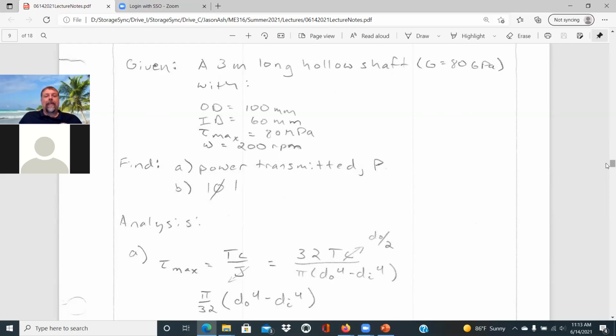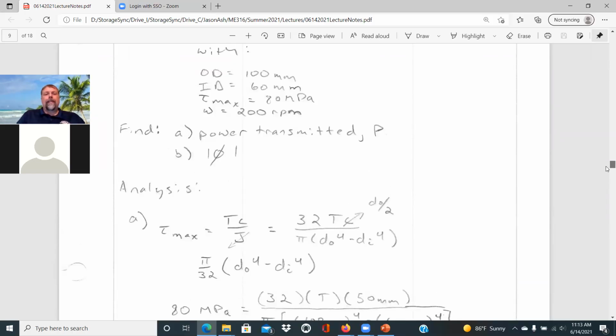And the shaft is spinning at 200 revolutions per minute. That's a common thing with angular velocity, even though we want to know that in radians per second. Shaft speeds are often defined in revolutions per minute. And so we want to find the power transmitted and then the angle of twist throughout that 3-meter long shaft.